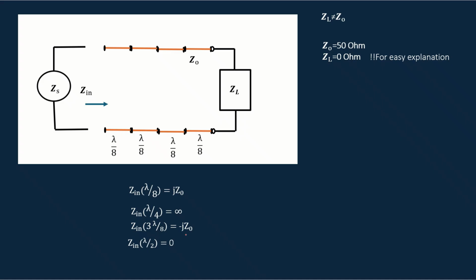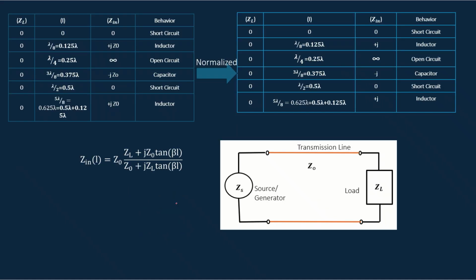If I add the transmission line like this, every time I may have to do complex calculations, but using the Smith chart, it is very easy to trace the input impedance using this curve.